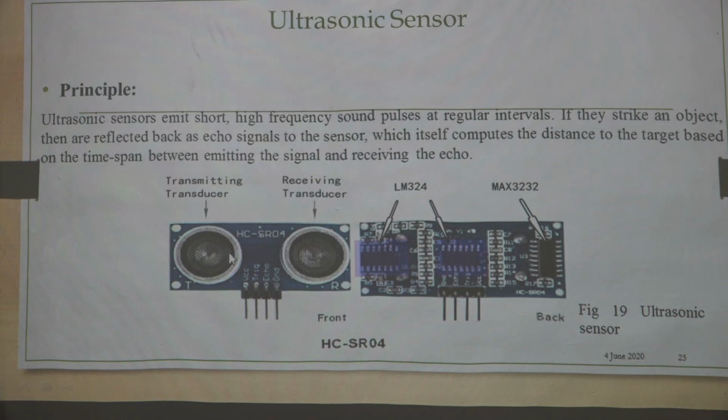We can compute the velocity of those rays depending upon the distance and time. These waves will strike an object and come back to the original position, and based on this logic we can develop the velocity parameter.